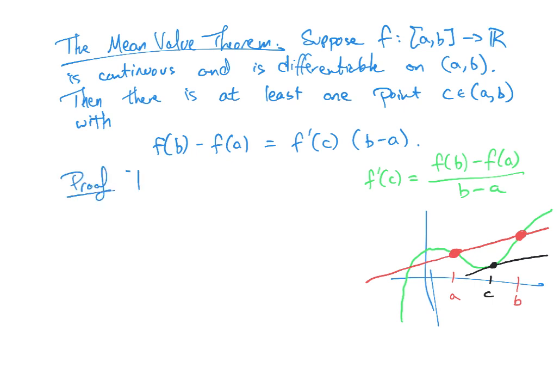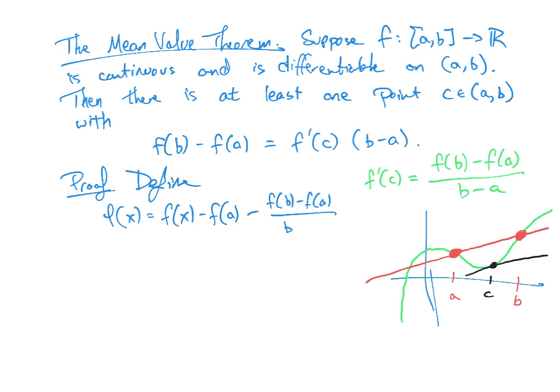So we're going to define this function phi, and it is f of x minus f of a minus f of b minus f of a over b minus a times x minus a.